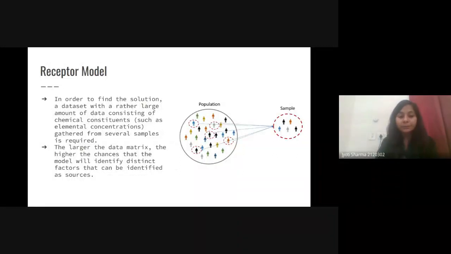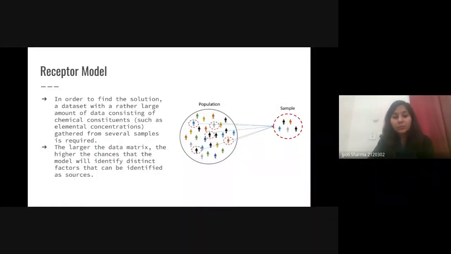Then, because we are doing chemical analysis, how many samples do we need for this chemical analysis? How many samples you need, how many sources you are taking, such things you have to consider.